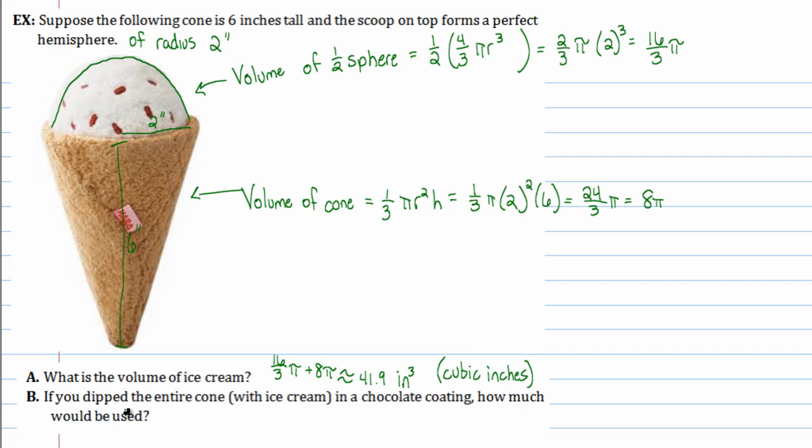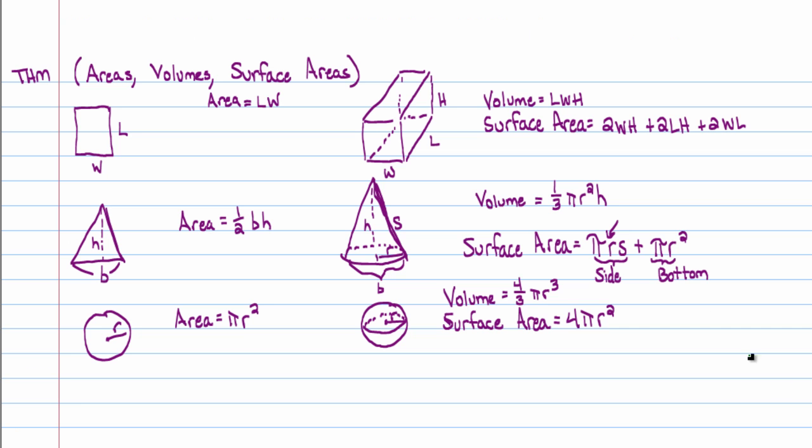Last question is a bit of a challenge. If you dip the entire cone with the ice cream in a chocolate coating, how much would be used? That's a surface area question. Well, again, we have the surface area of half a sphere. And I can't remember it, so I'm just going to go ahead and look back a page here. The surface area of an entire sphere is 4 pi r squared.